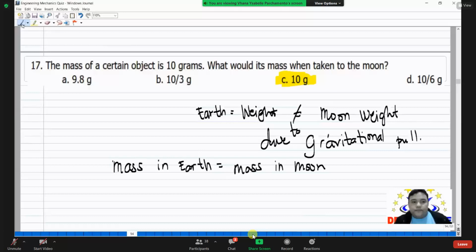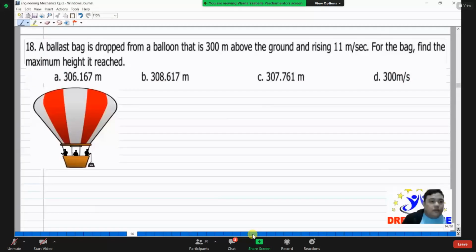Next, number 18. A ballast bag is dropped from a balloon that is 300 meters above the ground. So, binaba mo to itong kilogram na to. So, kapag pinutol nyo yung tali, so since tumataas yung ating balloon, so it will follow muna, then suddenly, magfo-fall na siya.